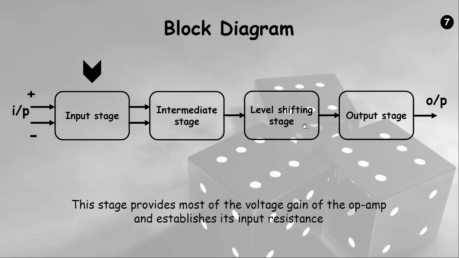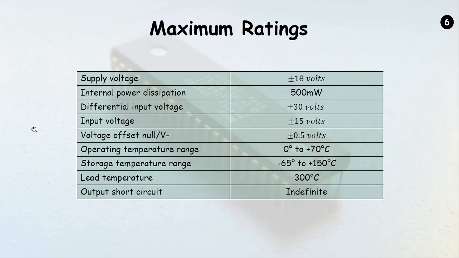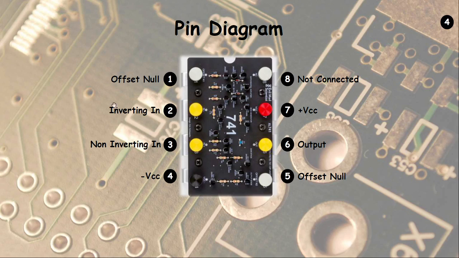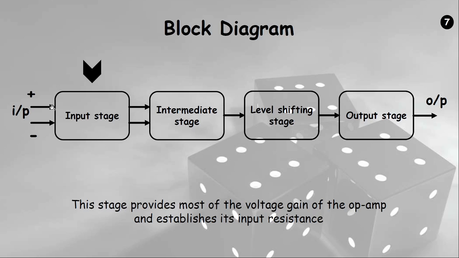So what exactly is meant by the input stage? In the input stage I have to give the two inputs. In the IC you have seen there are two inputs: the inverting input and the non-inverting input. You can give the input to either terminal. The non-inverting terminal is my plus terminal, and the inverting terminal is my minus terminal.